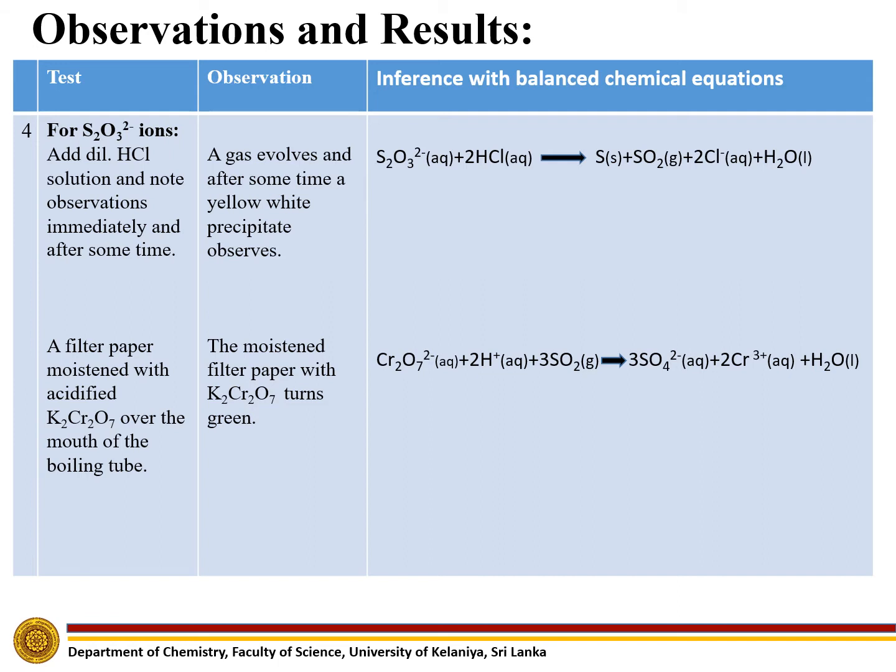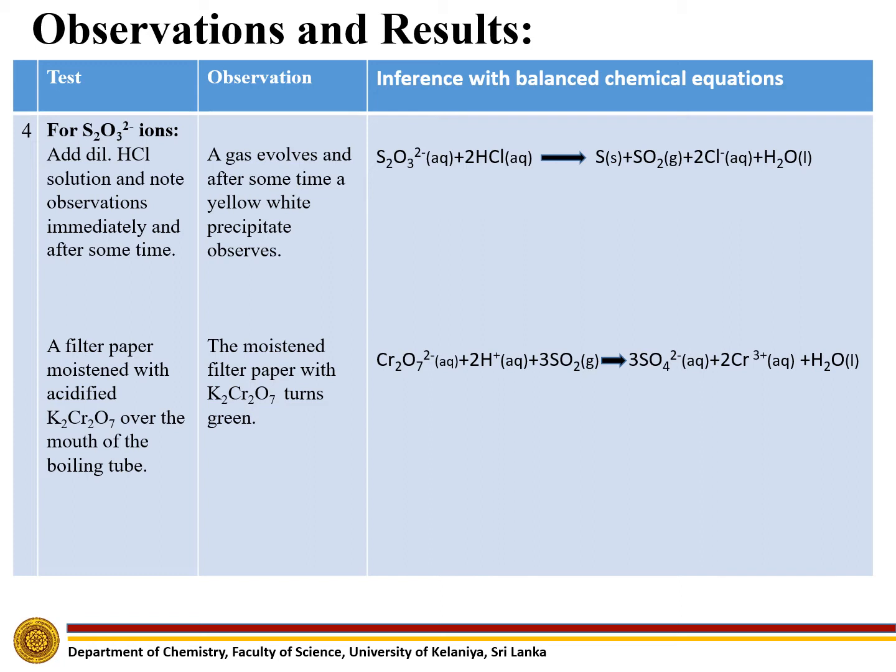Observations and results. When we add dilute hydrochloric acid solution to the given thiosulfate ions, a gas evolves and after some time a yellow-white precipitate is observed. The gas evolved is sulfur dioxide and the yellow-white precipitate is sulfur.